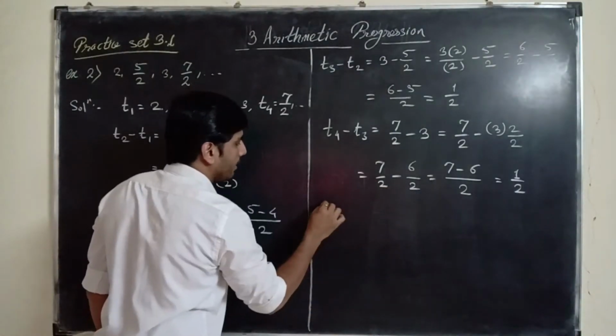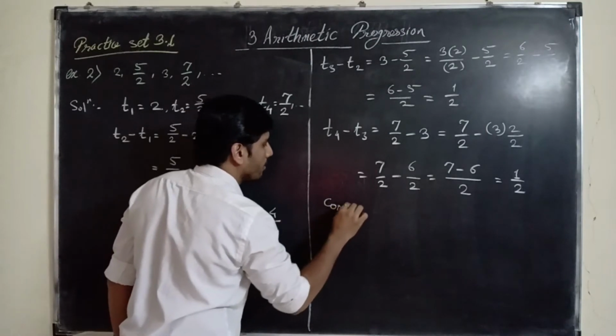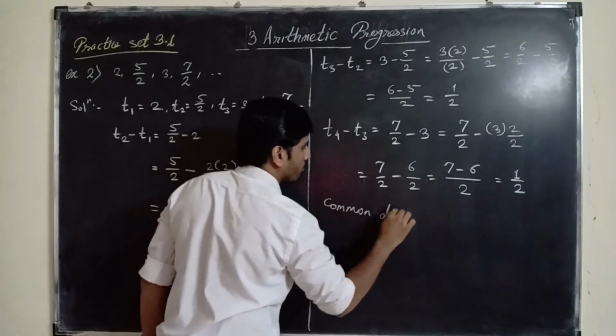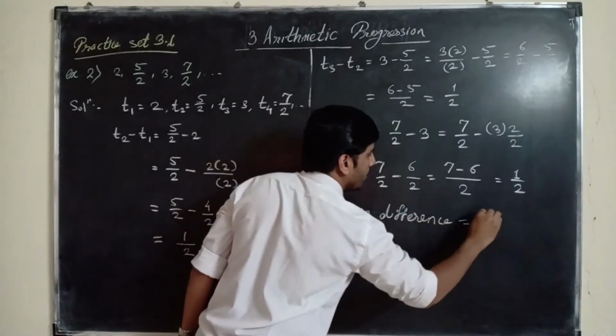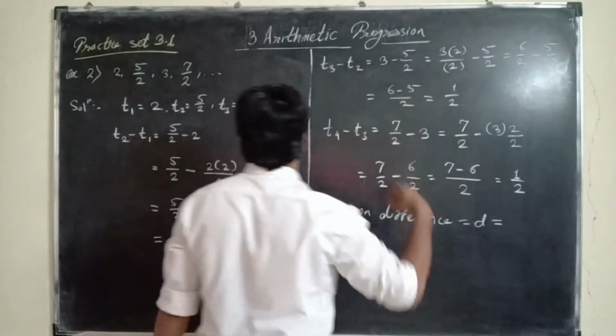So we can say that the common difference, which is D, is equal to 1 by 2.